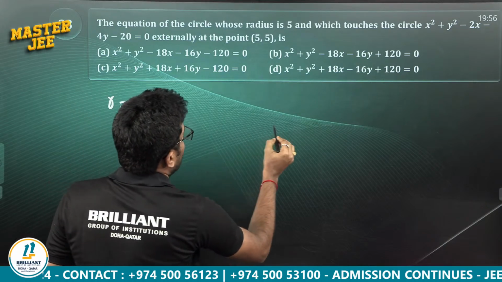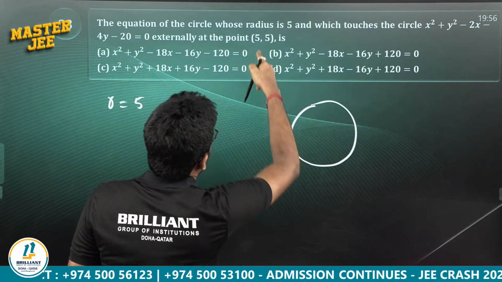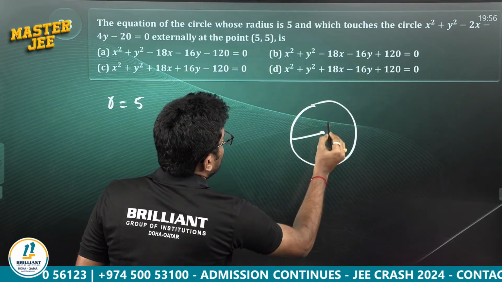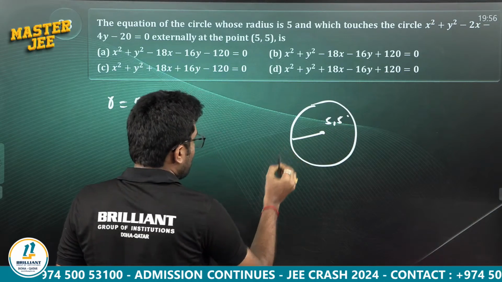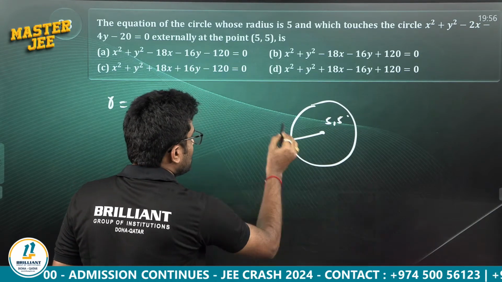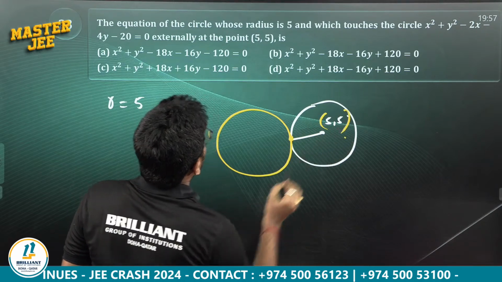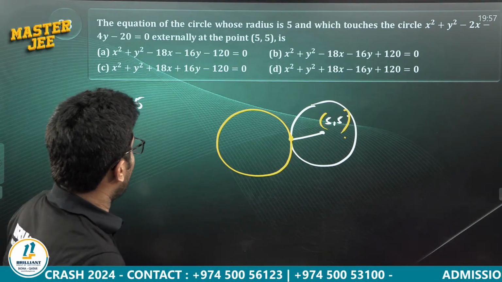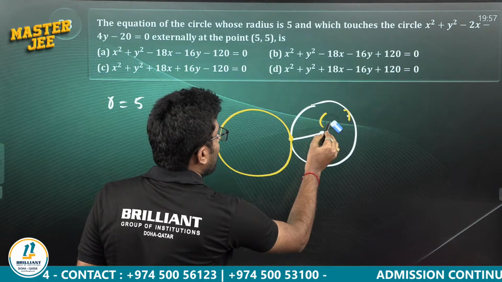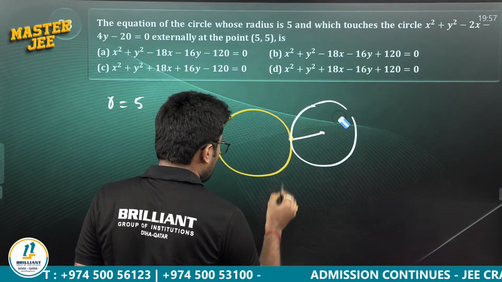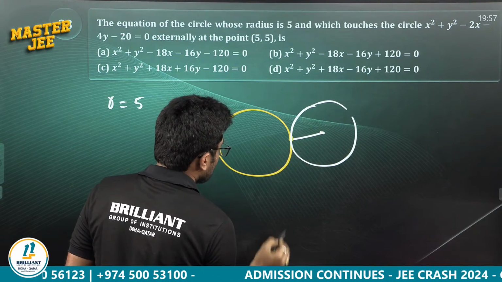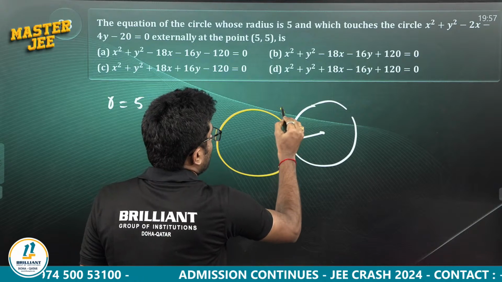So guys, suppose this is our circle. One circle we have. This circle has center (1, 2). Now our circle is touching this particular circle externally at a point. So (5, 5) will be the point of intersection of these two circles.